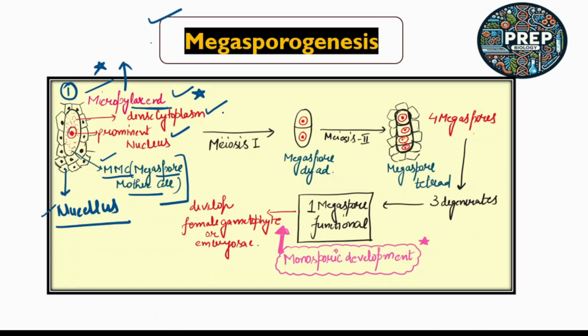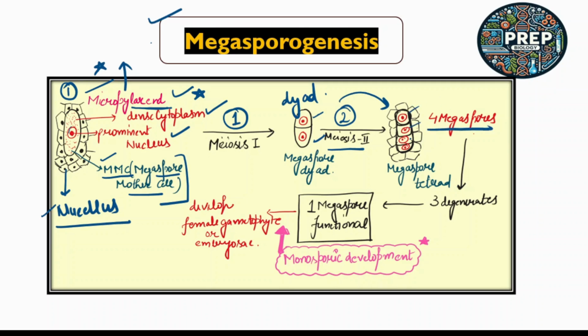Now, different divisions occur in the megaspore mother cell. The first meiosis occurs and this cell, the megaspore mother cell, will convert into the dyad, that is the two celled stage. This is one and this is two. Now meiosis 2 will occur, and these two dyad cells will develop into 4 megaspores.